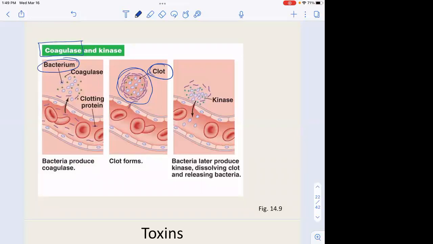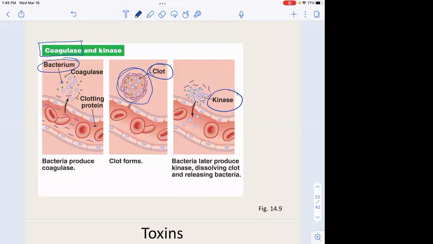So it's protecting itself from the host immunity. It's walling itself off. So it gives it a chance to grow to some critical number. And then eventually it will break out of that clot and release another extracellular enzyme to do that, kinase.